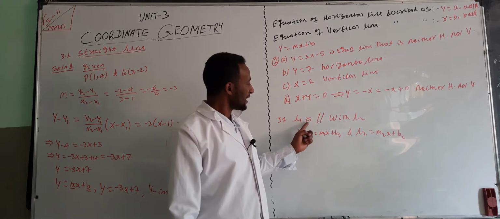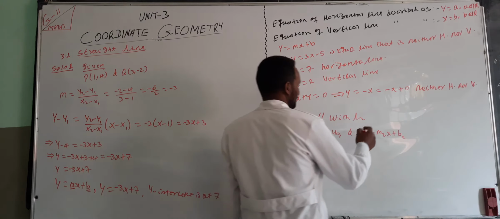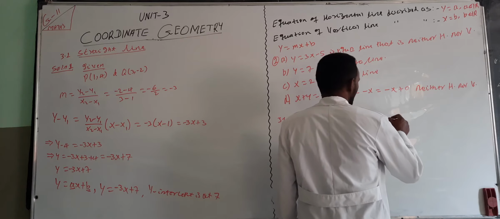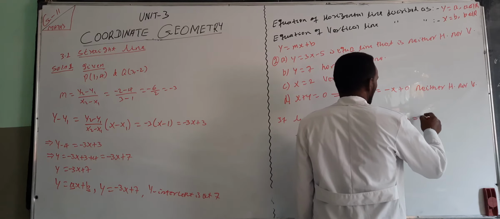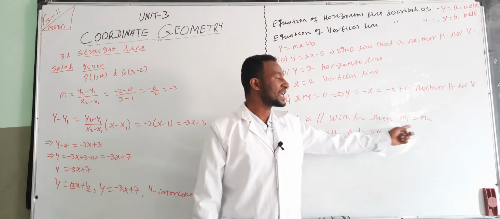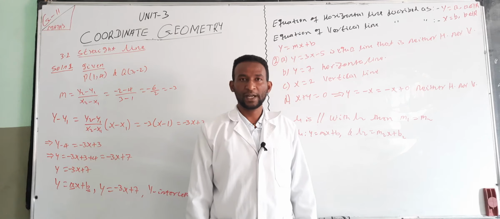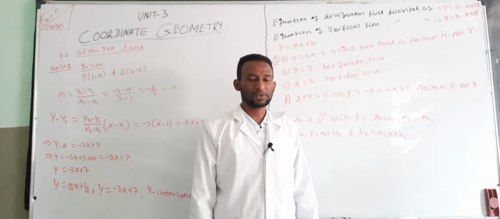If L1 is parallel with L2, then m1 equals m2. This means any parallel lines have the same slope.